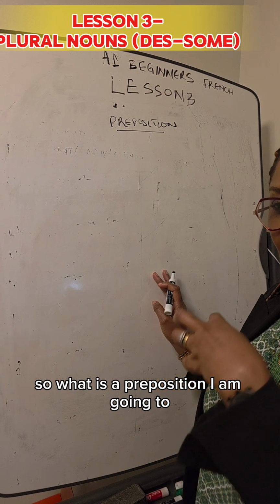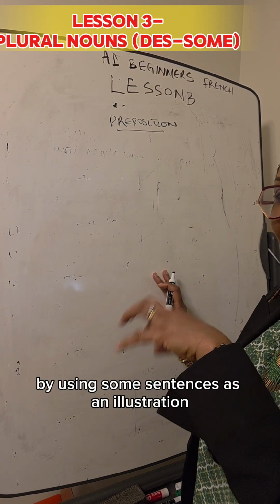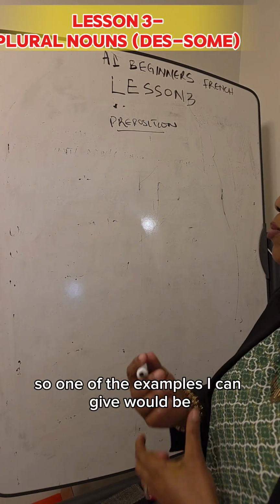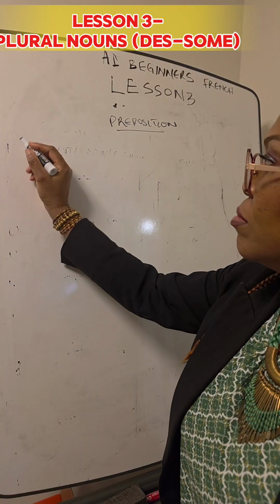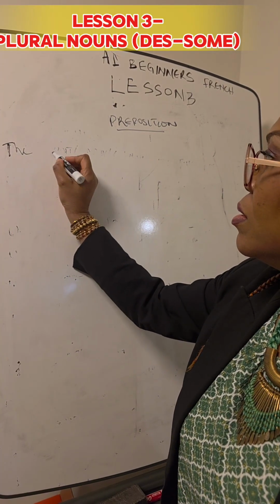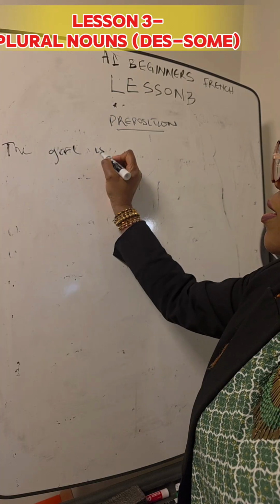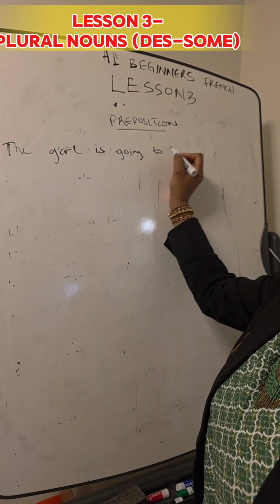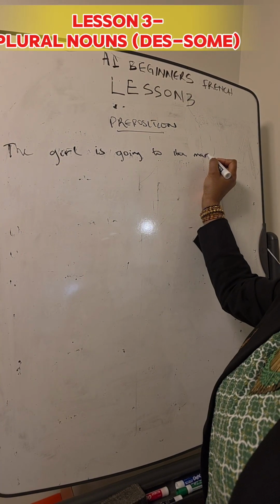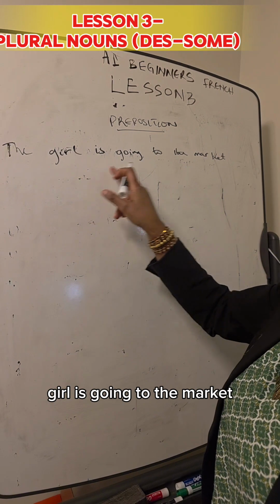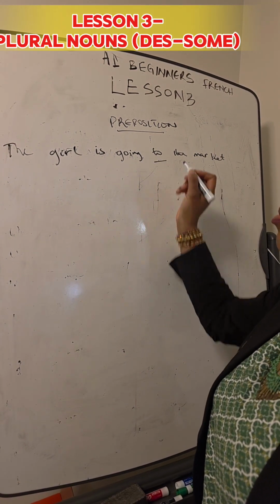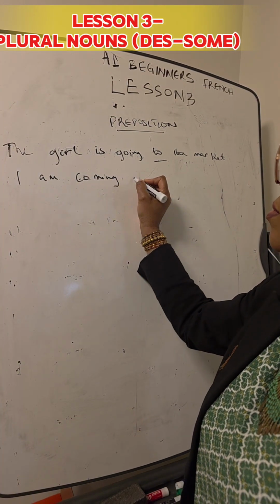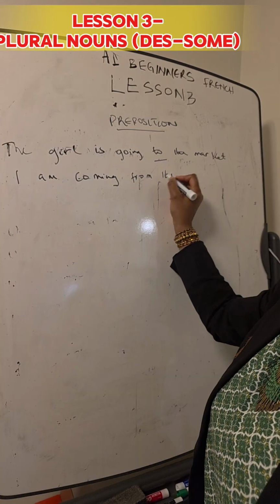I am going to bring some meanings into a preposition by using some sentences as an illustration. So, one of the examples I can give would be: the girl is going to the market. The girl is going to the market. I am coming from the shop.